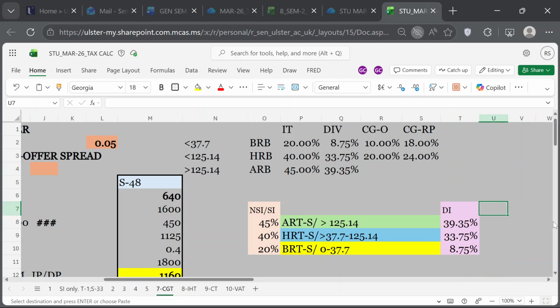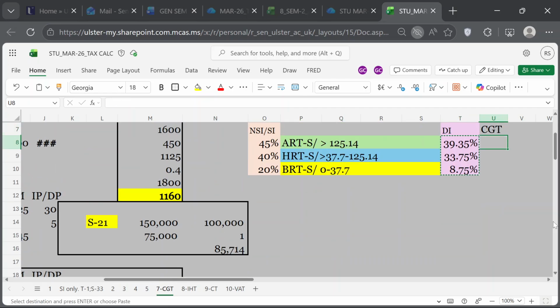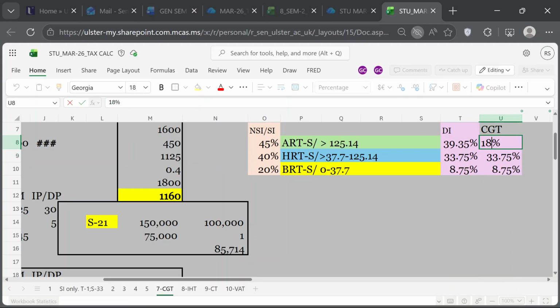We can basically add here CGT, right? And then we can take a copy from here and get the format at least. So we don't need this third one actually, we just got two of them. So this will be 18% and this will be 24%.